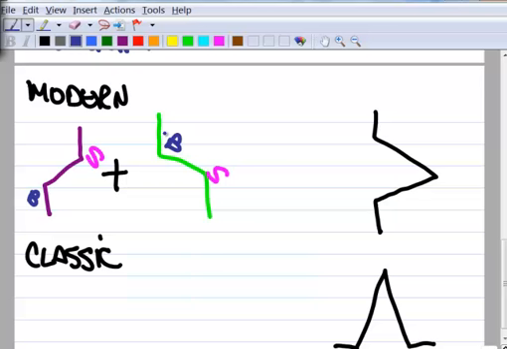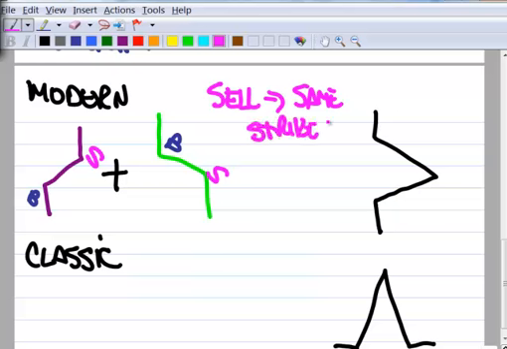Well, the sell strike ends up being the same strike. And by selling it twice, you end up getting this peak in your risk graph. Now let's look at that in modern view.